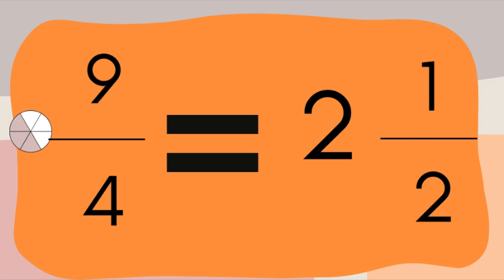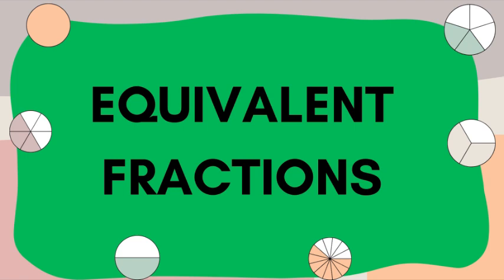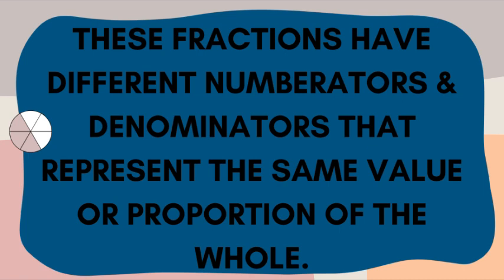What are equivalent fractions? Equivalent fractions are fractions that have different numerators and denominators but represent the same value or proportion of the whole. Fractions have similar value but are named differently. Let's take a look at a few examples.